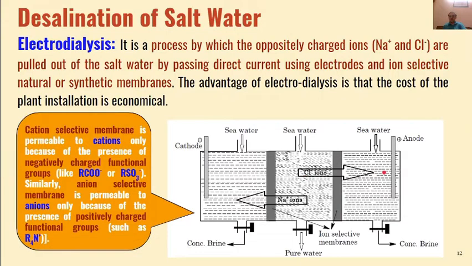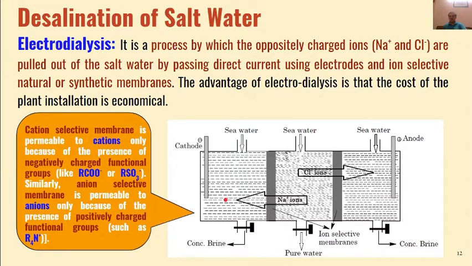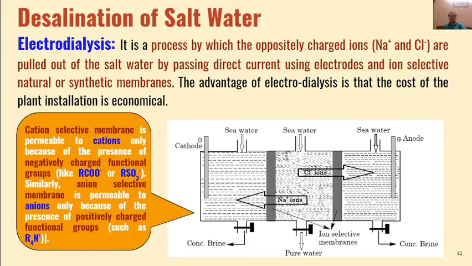This is how, on application of current, sodium ions from the salt will go to this side, chloride ions will go to this side, and here we can collect our brine, that is sodium chloride. From the seawater we can remove sodium ions and chloride ions.